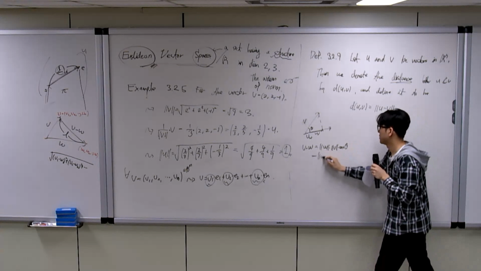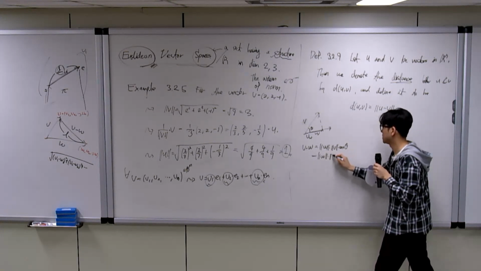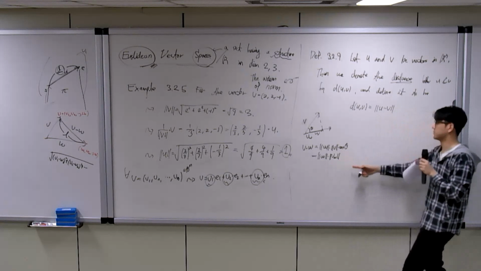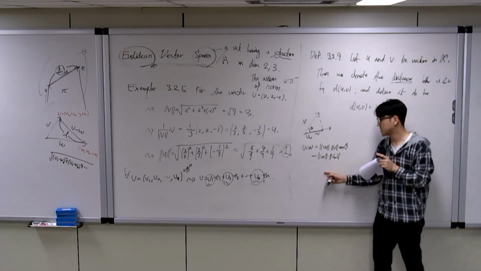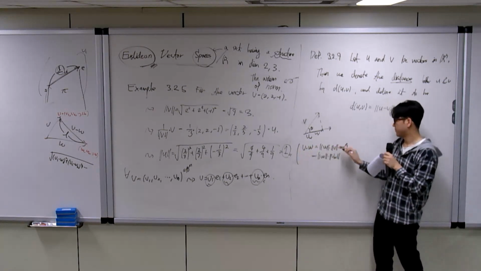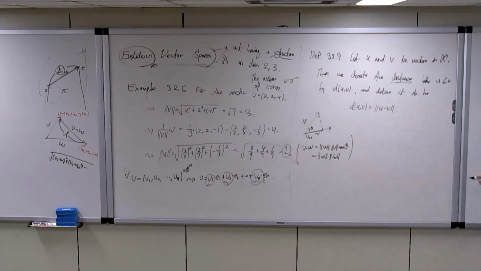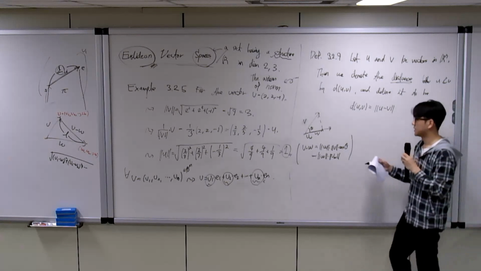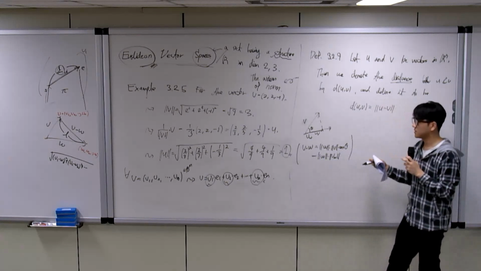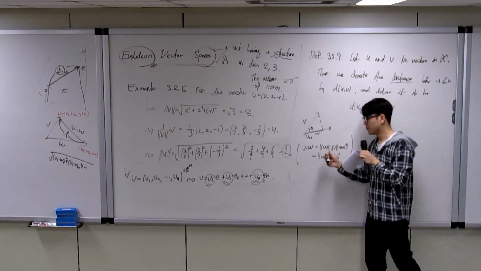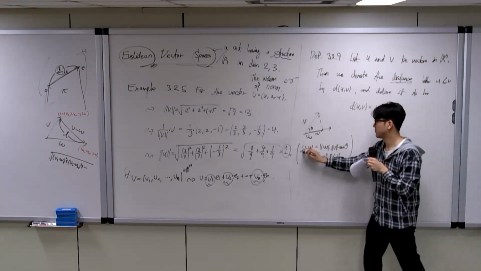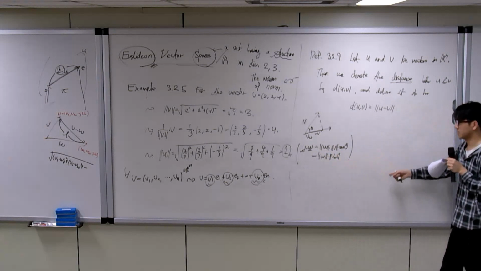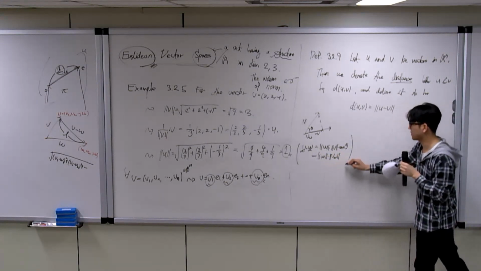By calculating this, we define a function expecting two vectors and giving one scalar.